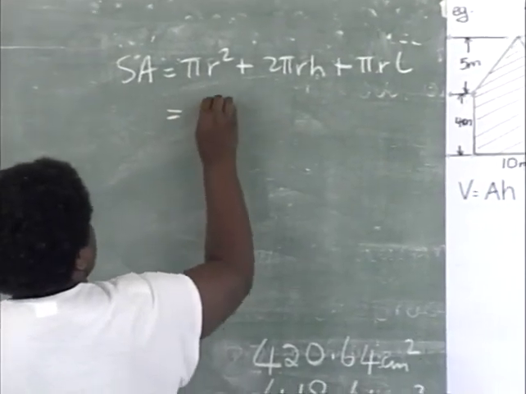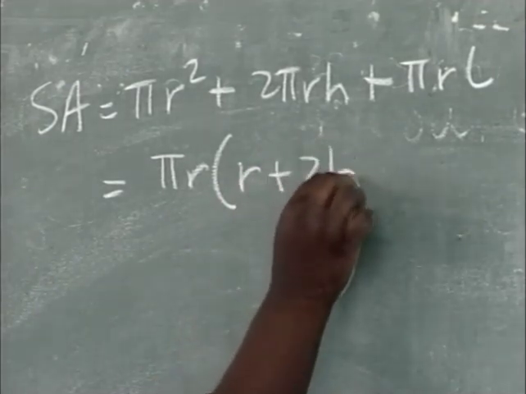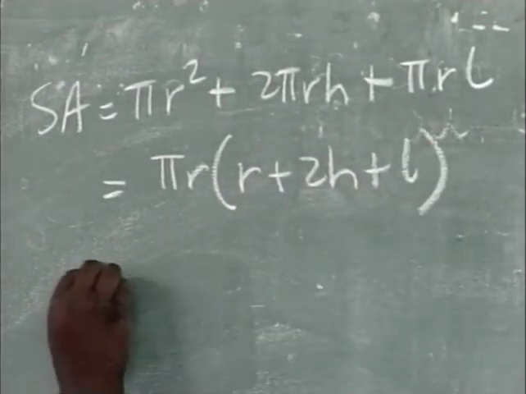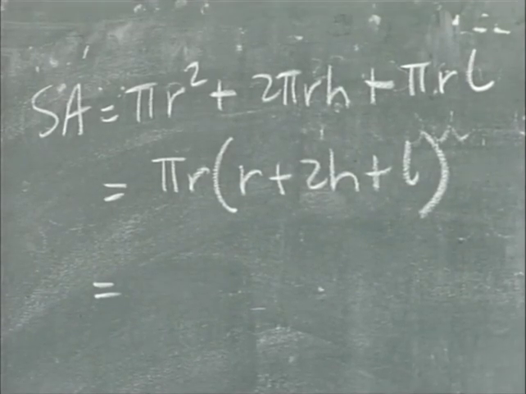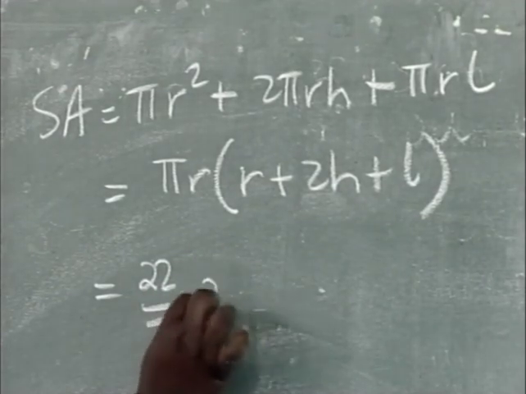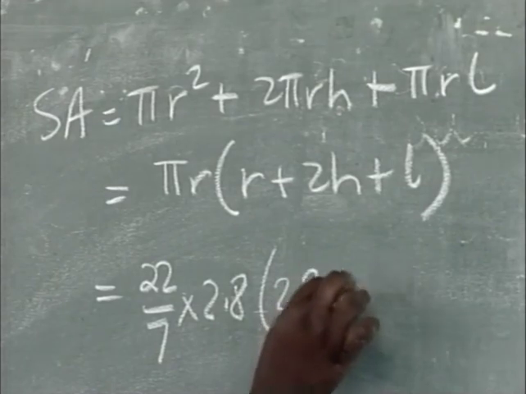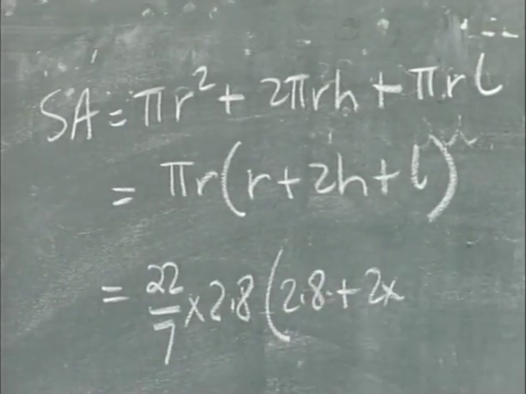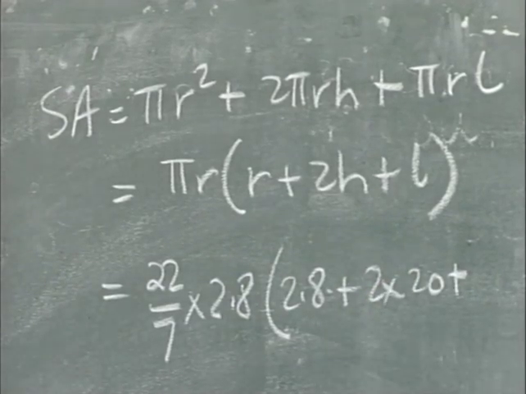Which is pi r times (r plus 2h plus l). Because 2.8 is a multiple of 7, we will use 22 on 7. So 22 on 7 times 2.8 times (2.8 plus 2 times h, which is 20, plus l, which is 5).